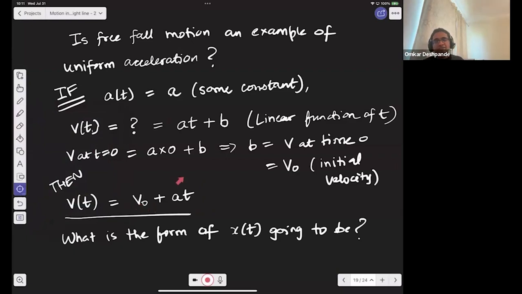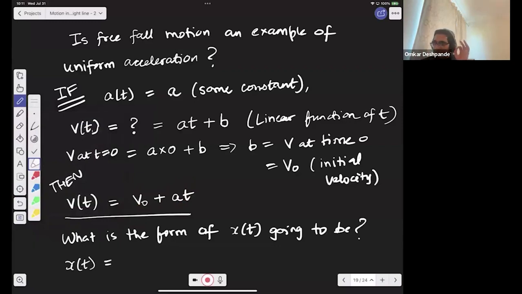After taking the derivative, I should get v0 plus at. What sort of function is x of t going to be? I want after taking the derivative a constant to be there, specifically v0, and I want a linear term also, which is at. What should be the form? What sort of function is x of t going to be?